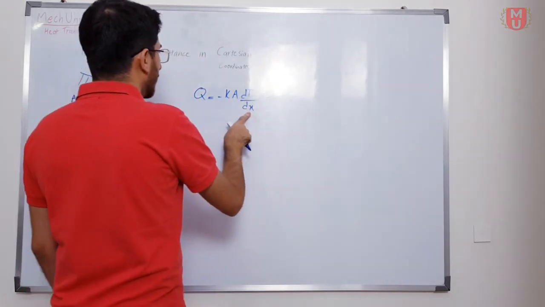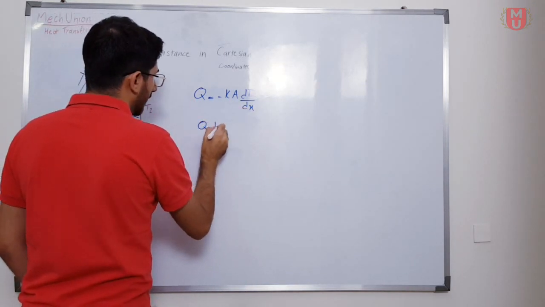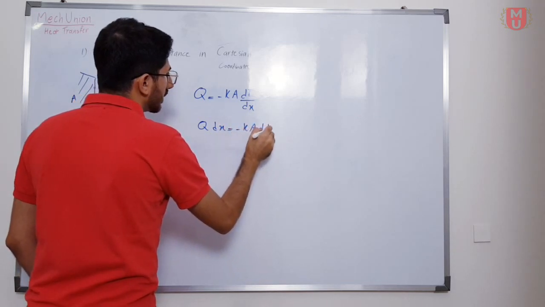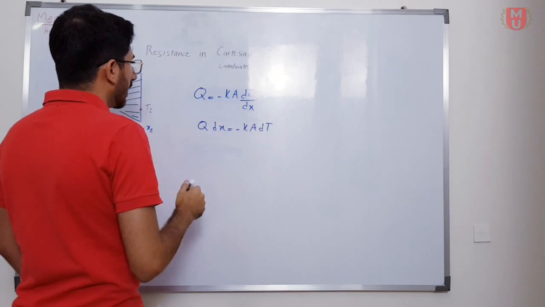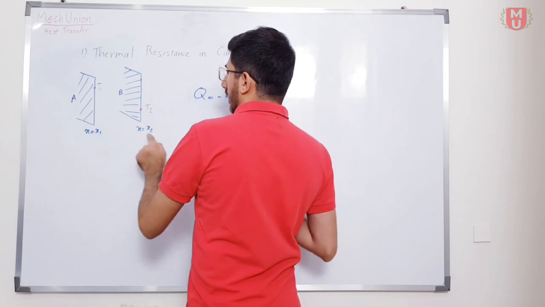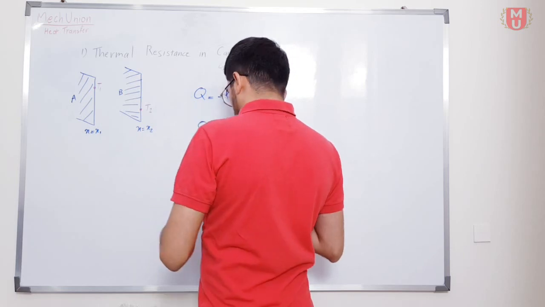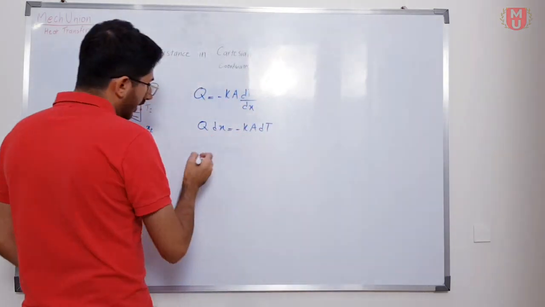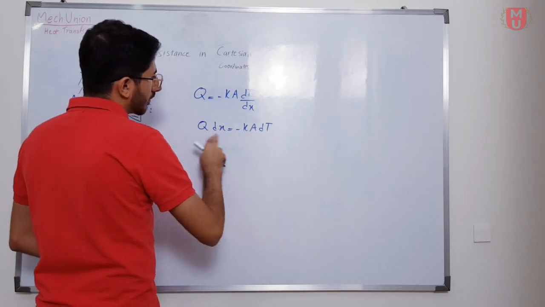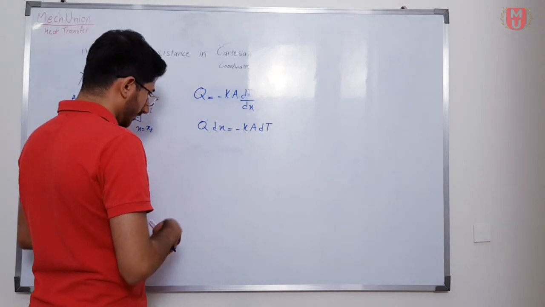If I move dx from this side to this side, Q dx equals minus K A dT. And by considering our boundary conditions at x1 and x2, with T1 and T2 at these two walls, we will have an integration. It is a normal ODE. You can easily integrate.